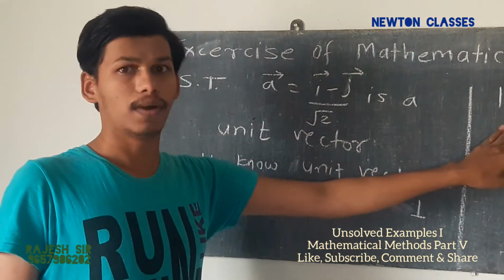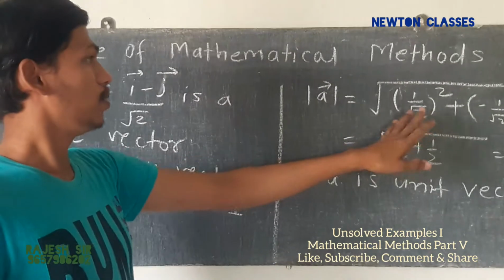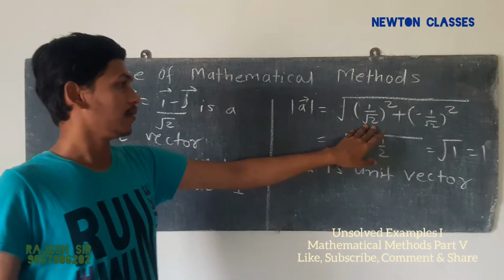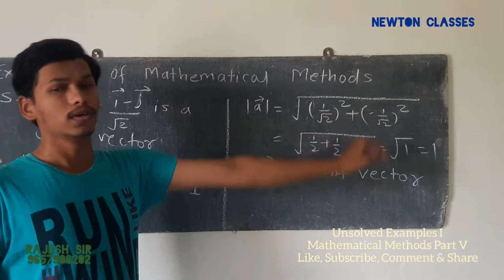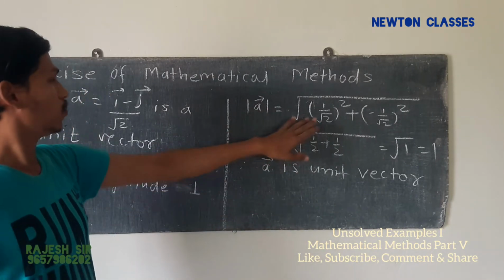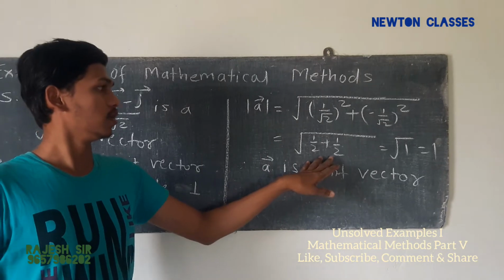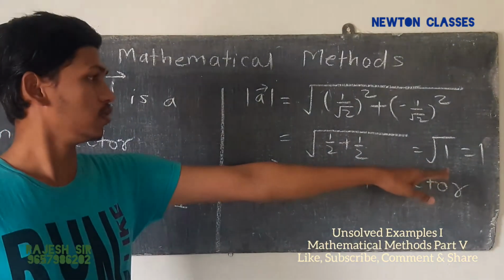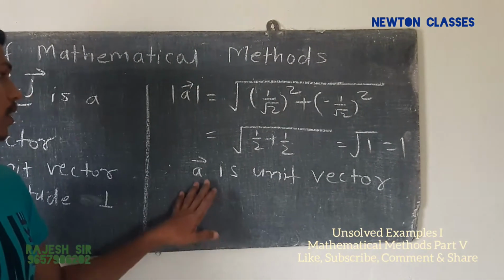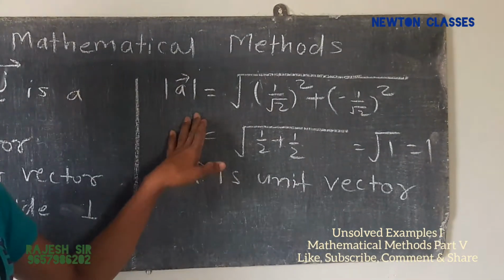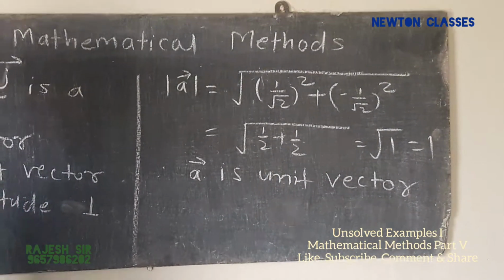It is under root of coefficient of i cap square plus coefficient of j cap square, which is 1 by root 2 square plus minus 1 by root 2 square, which is under root of half plus half, equal to 1. Therefore a bar is a unit vector because its magnitude is equal to 1.